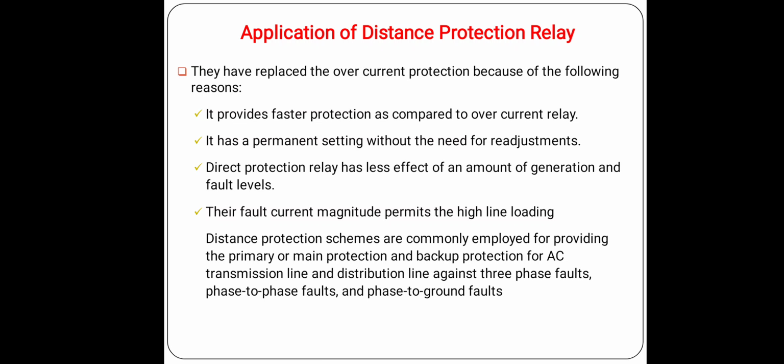These are the beneficial things which are not present in the overcurrent relay, and here we apply them in the distance protection scheme. Static distance relays have superior and versatile characteristics and several additional merits. Basically, distance protection schemes are employed for primary protection, that means main protection, as well as backup protection, and they provide faster protection as compared to the overcurrent relay.